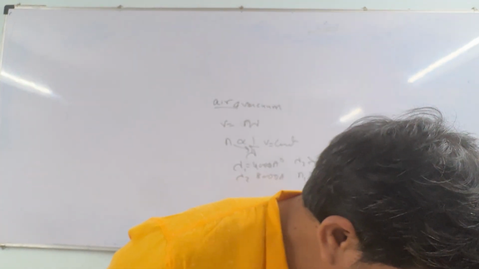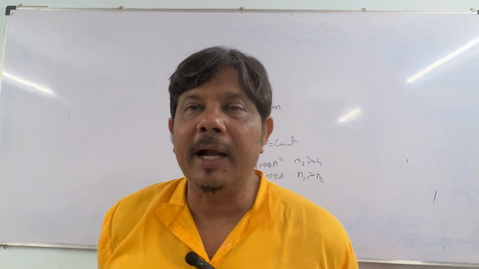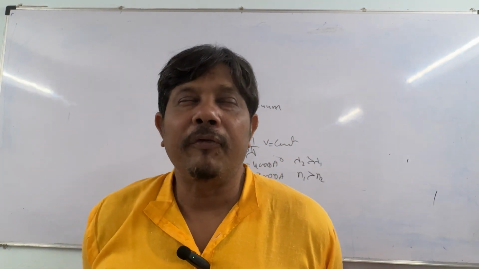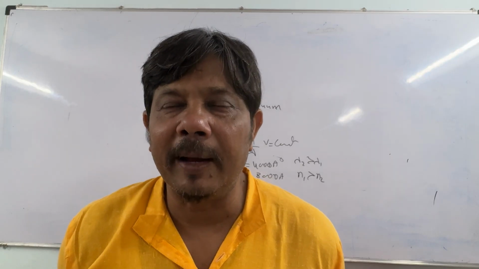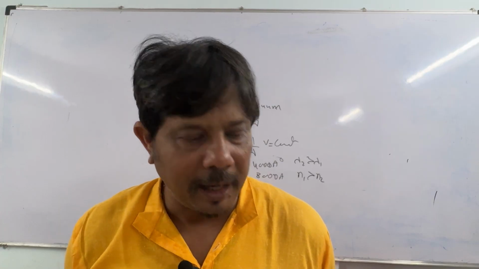Refractive index is the ratio of real depth upon apparent depth. Mu is equal to real depth upon apparent depth is the first answer.